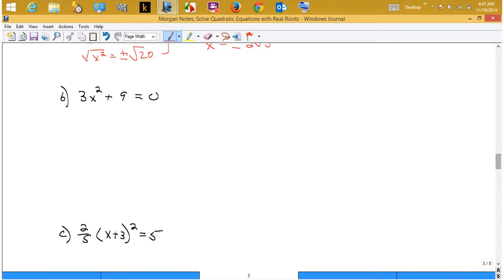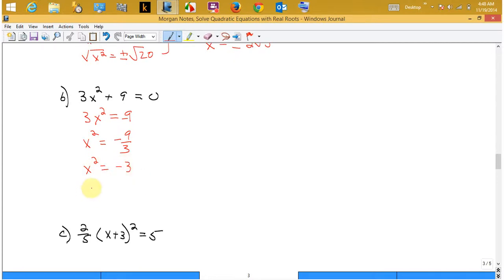Okay, let's do another example. So in this case, we would have 3x squared is equal to negative 9. What I did is I subtracted 9 from both sides. And now I'm going to divide both sides by 3, which gives me x squared is equal to negative 3.